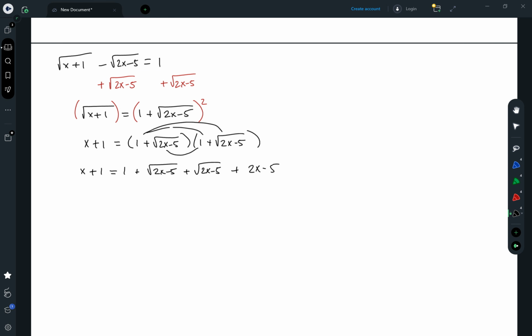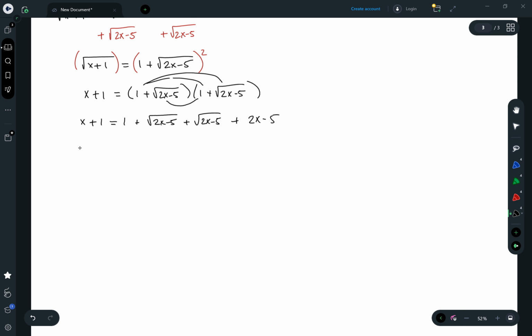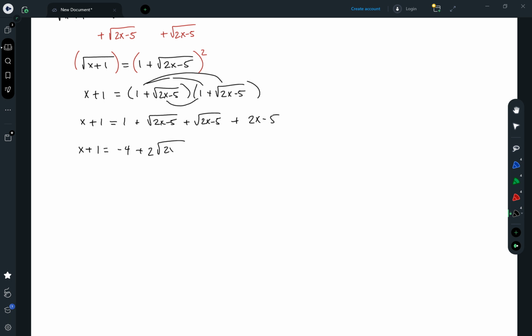Now on the right side, I can combine some of the like terms. 1 and negative 5 can combine to be minus 4. Square root of 2x minus 5 plus square root of 2x minus 5 is plus 2 square root of 2x minus 5. And we still have plus 2x.